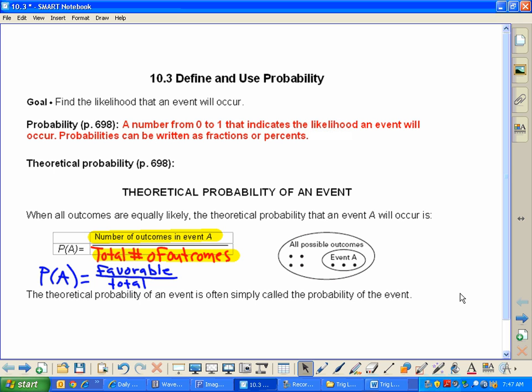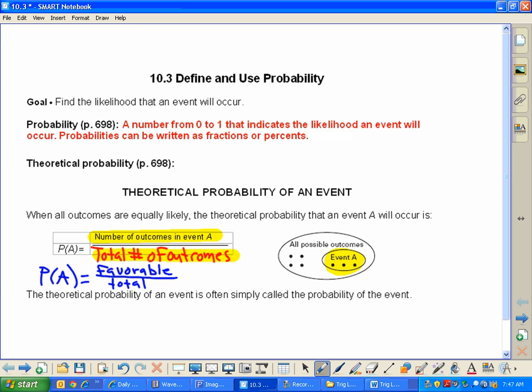So what we see here is just a nice little map or diagram of how you could represent probabilities. And what we see in this little bubble is our favorable outcomes. But when you go to calculate probability, it's not just 3. It's going to be a number between 0 and 1.